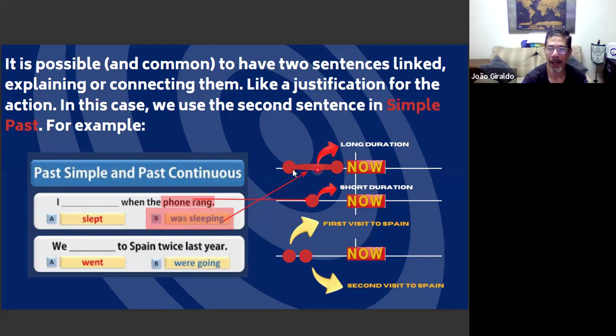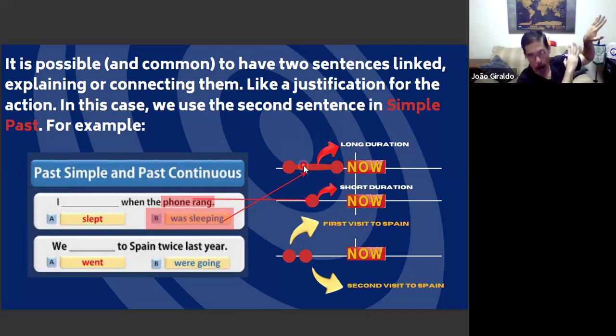The phone rang. So this is the long duration, my sleep, okay, when I was sleeping. And a punctual action occurred. The phone rang. And check, guys, the two actions are in the past. Okay, so I was sleeping because it's longer duration, past continuous, when the phone rang.